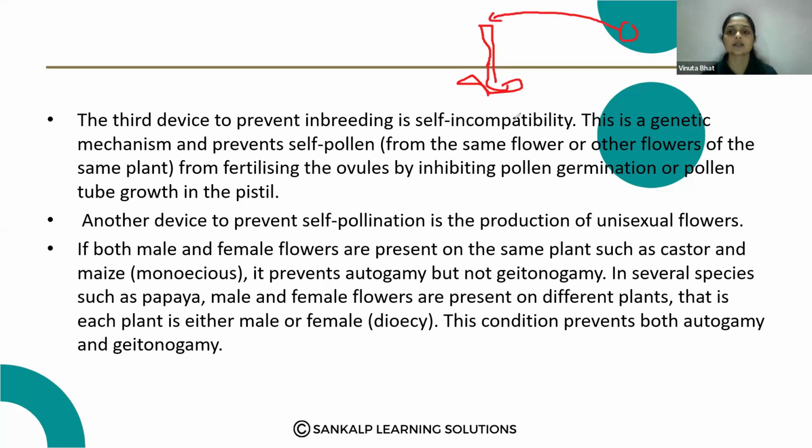That is also a device that prevents autogamy. If both male and female flowers are present on the same plant, such as castor and maize, it prevents autogamy but not geitonogamy.